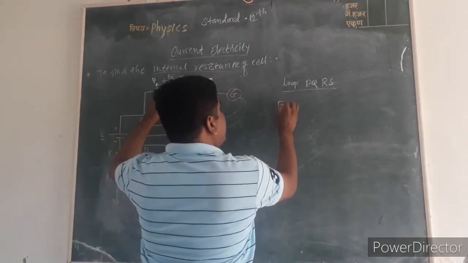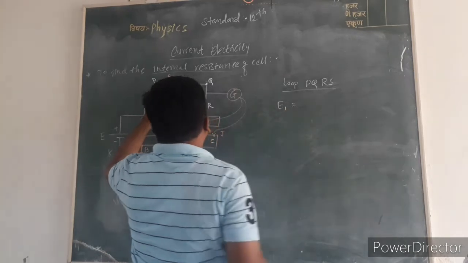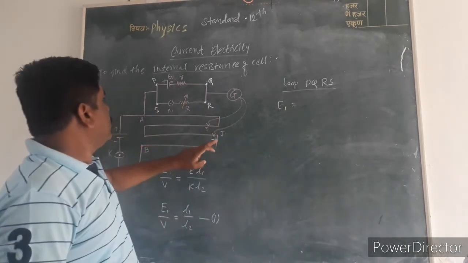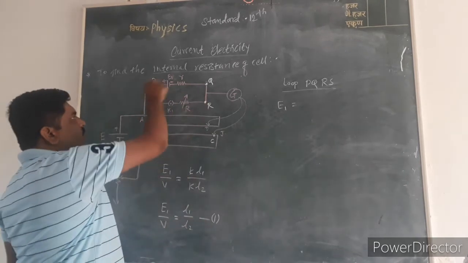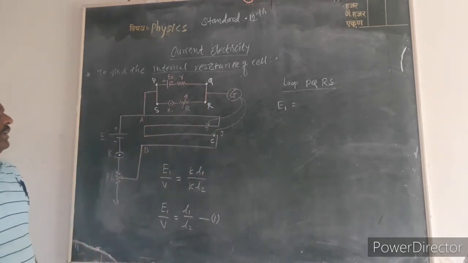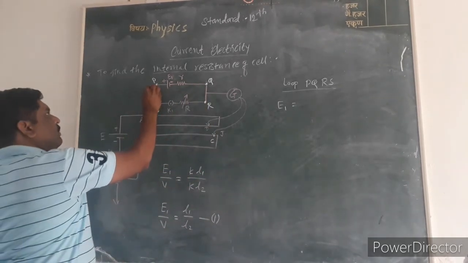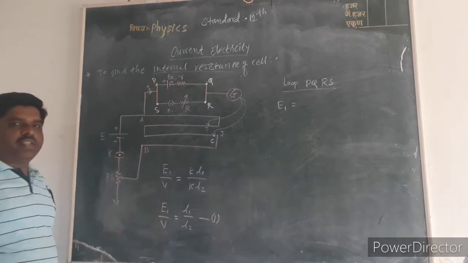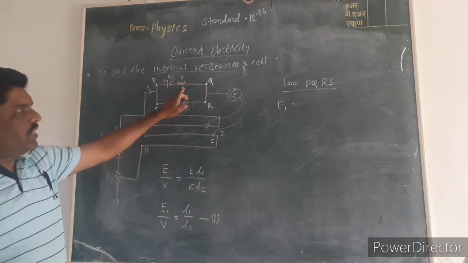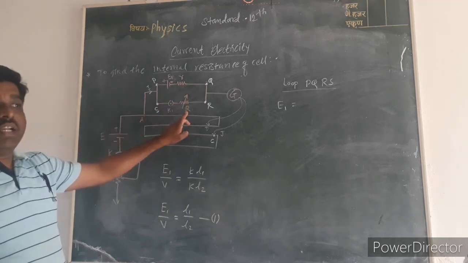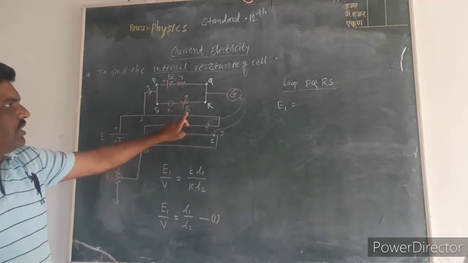We get EMF E1 is equal to, this is the capital R, the current passing through this loop is suppose I. Current passing through this loop is I. This small r is internal resistance, capital R is external resistance.